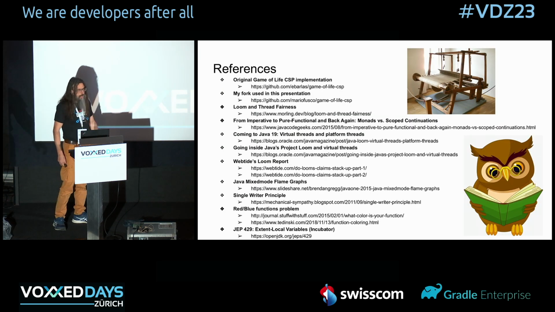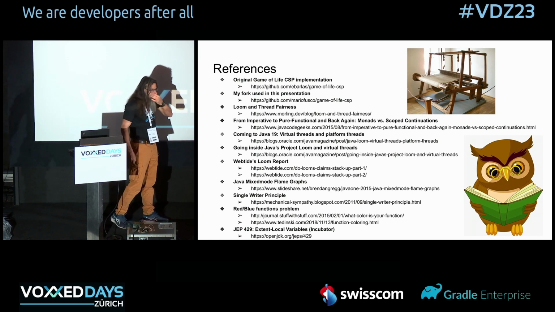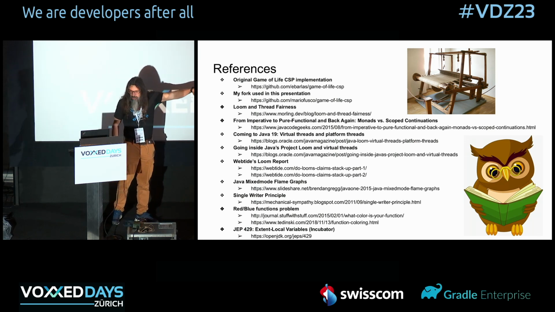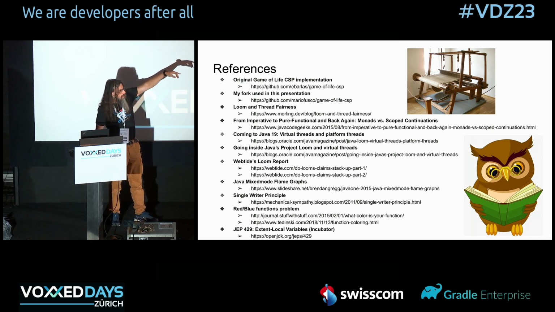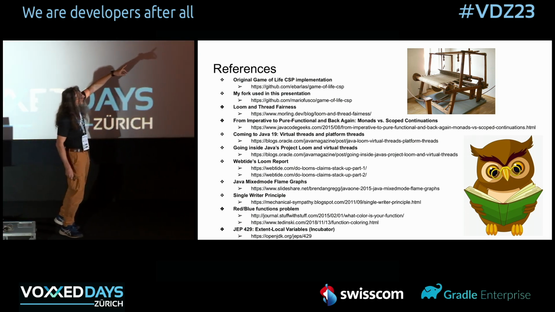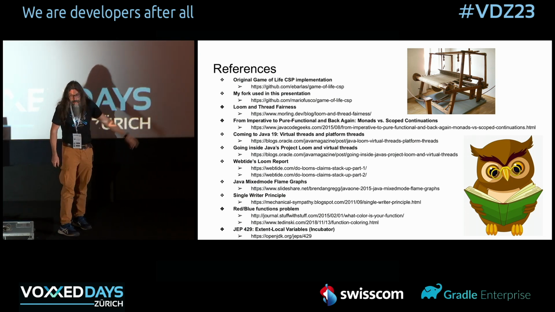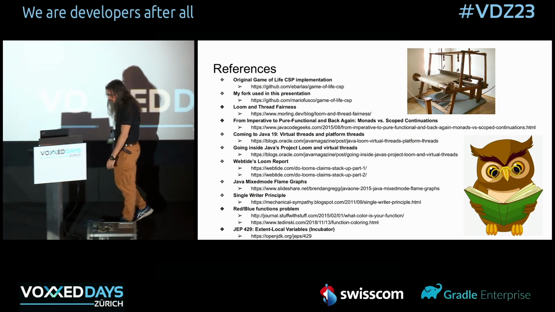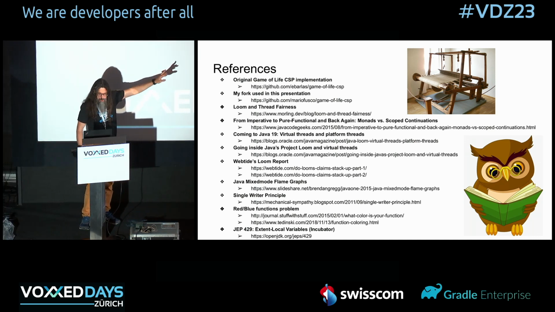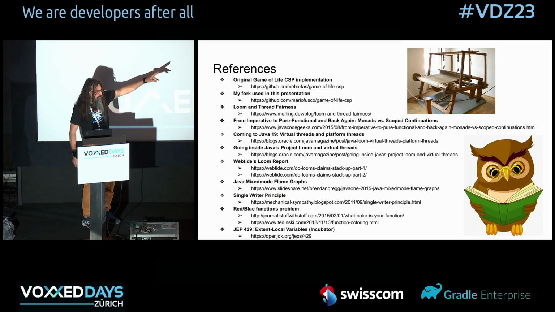Okay, and I left you a few references here. There are a few articles. If you are interested in the special data structure created by my friend Francesco, there is a blog post by Martin Thompson explaining how it works. There is some material about the red-blue function problem.